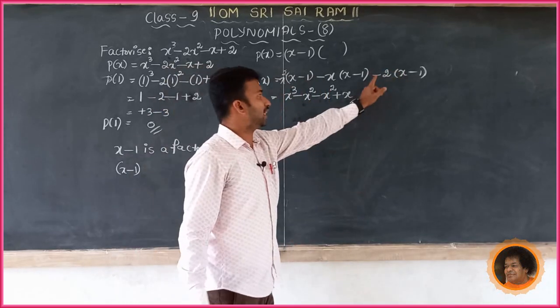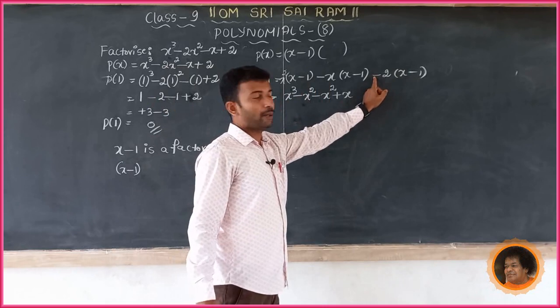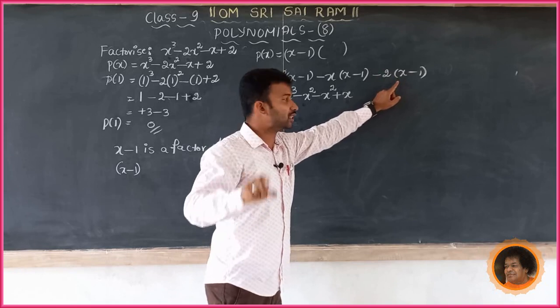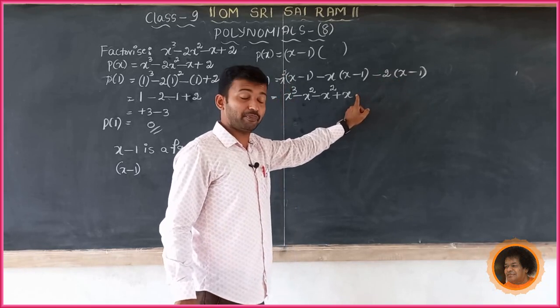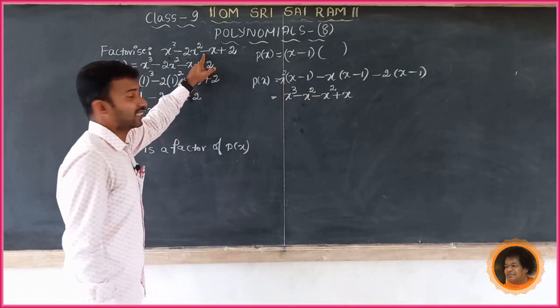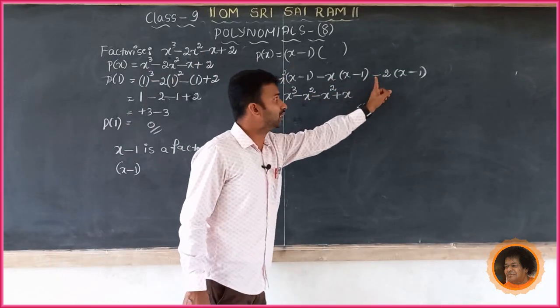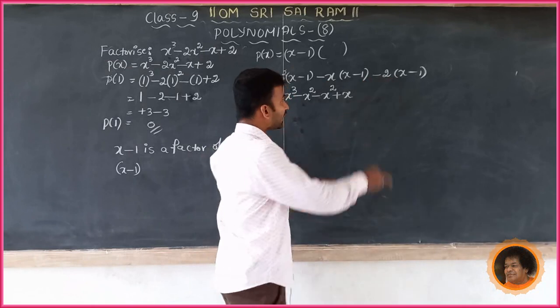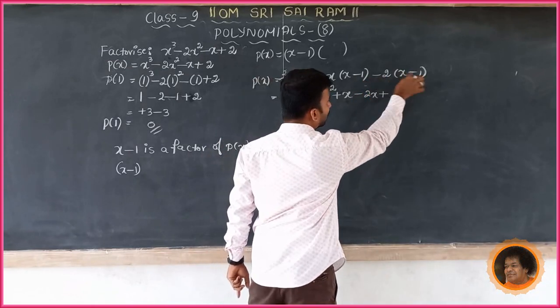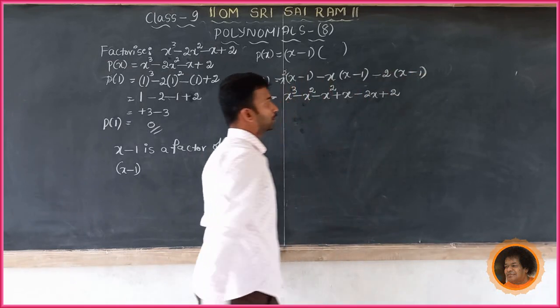If you multiply plus 2 into x, we get plus 2x here. The sum is 3x, but we have minus x here. So, we are multiplying with minus 2. Minus 2 into x is equal to minus 2x, minus 2 into minus 1, that is plus 2.